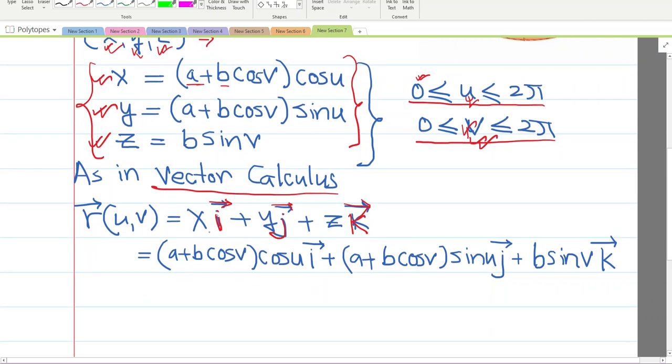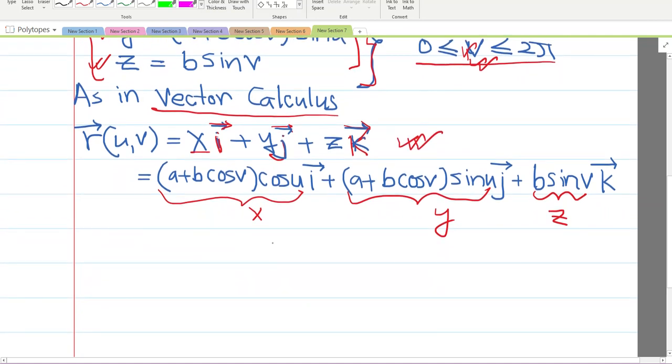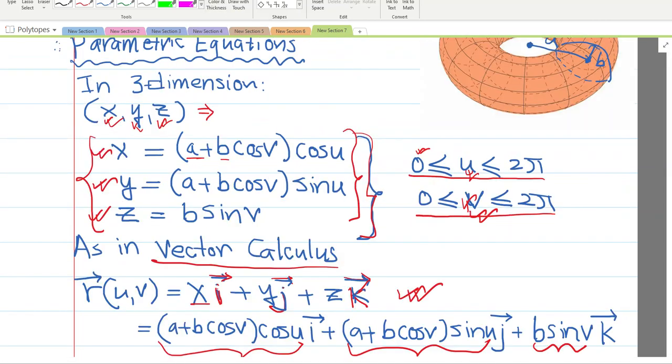Okay, so we just plug in the x value here, that's x, and that's y, and the z from this parametric equation. Okay, so now by using this vector r, we are going to compute the surface. This is the parametric equation for the torus.